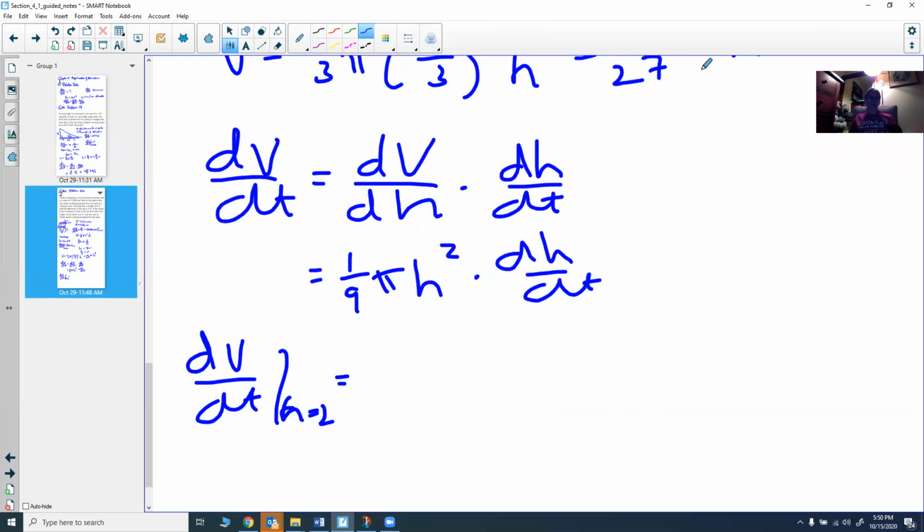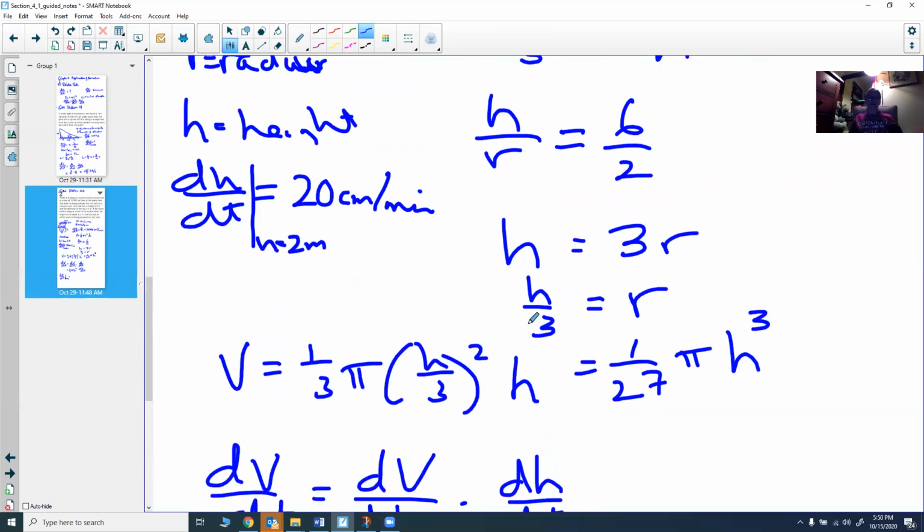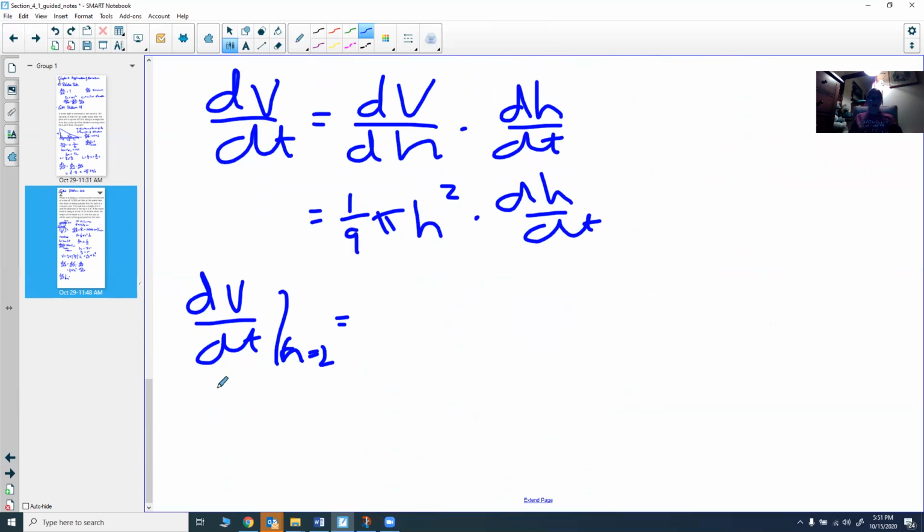One thing to mention is that h is in meters and everything else is in centimeters. So let's change meters into centimeters. That will be 200 centimeters. So now h is equal to 200 centimeters.